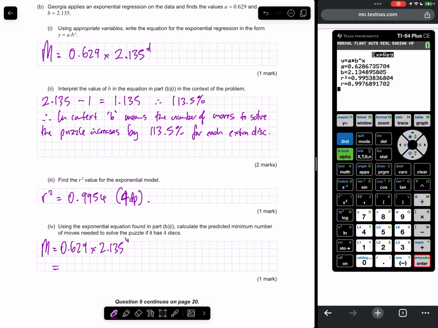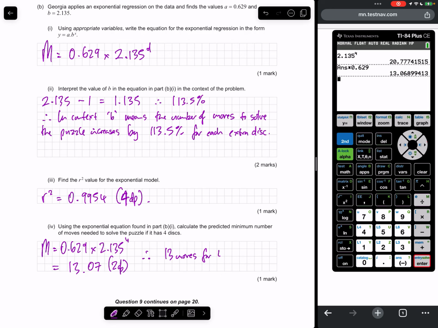For 4 disks, 2.135 to the power of 4 times 0.629 is 13.07 to 2 decimal places. Therefore, 13 moves for 4 disks.